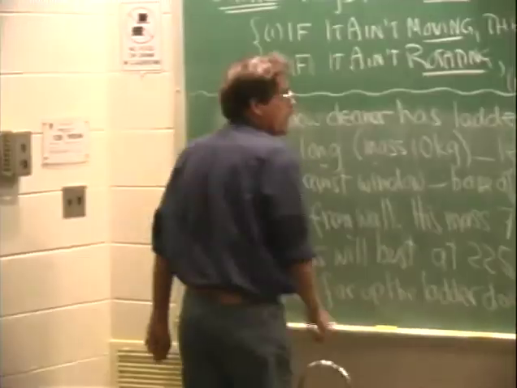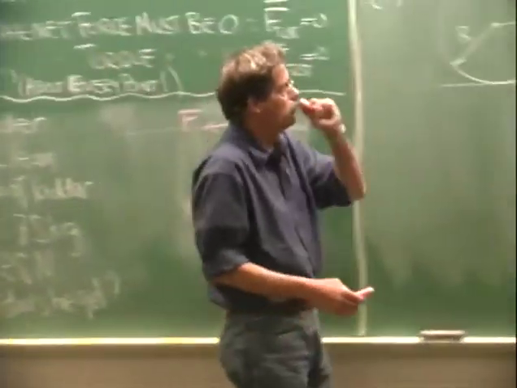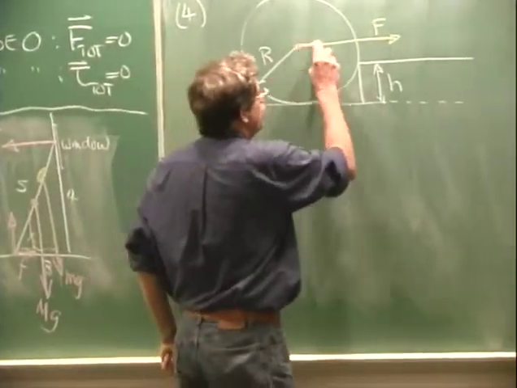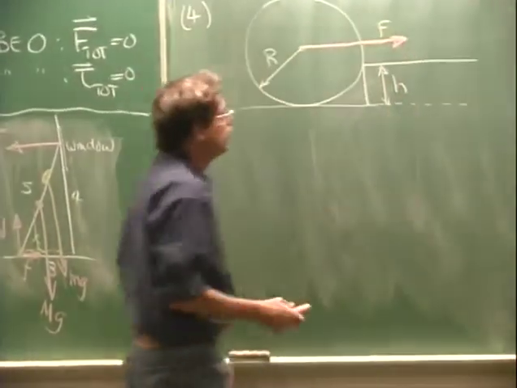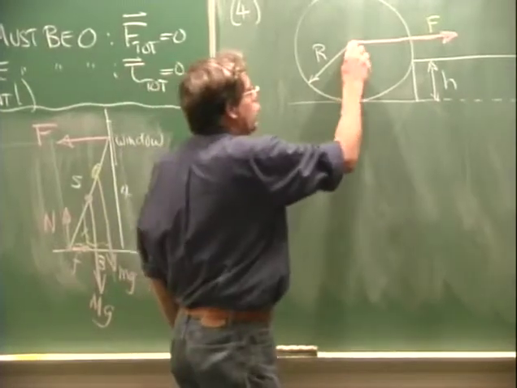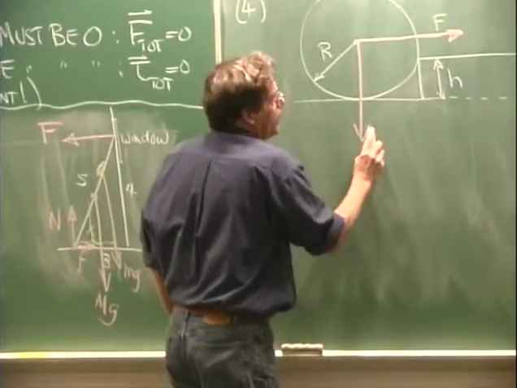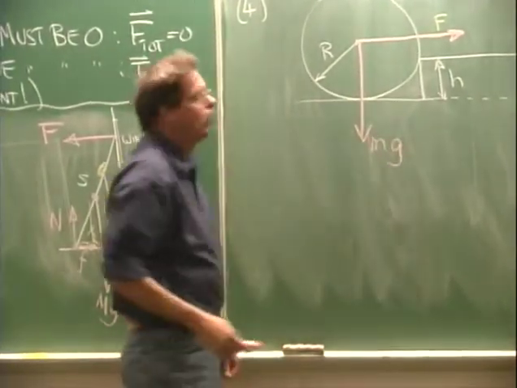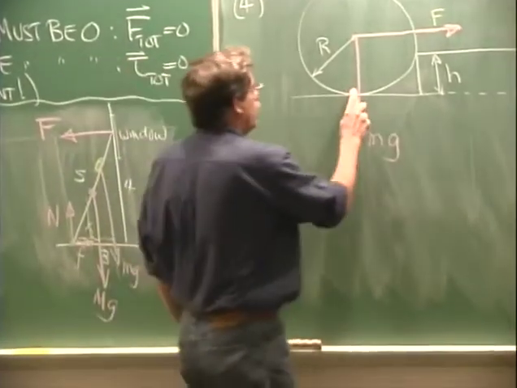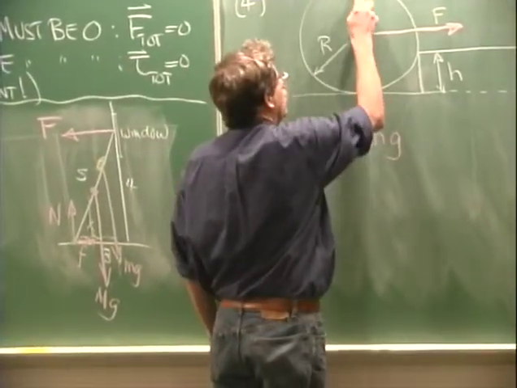Okay? So what are all of the forces acting on this bicycle wheel? I've got the force that I'm exerting, of course, the F to the right. I've got the weight of the wheel, mg. Normal force of the ground acting straight up.